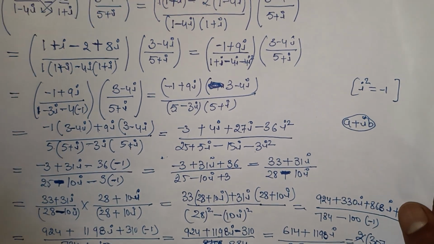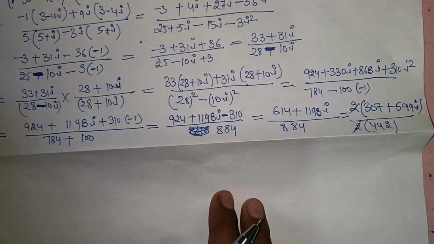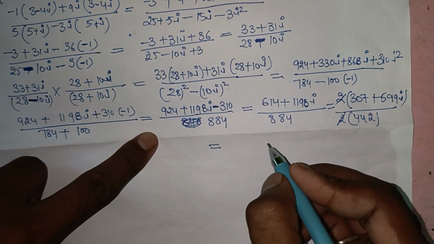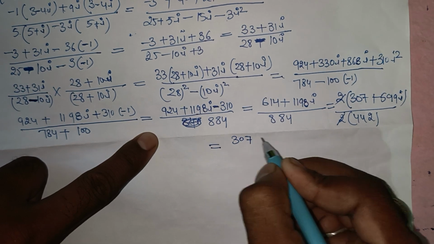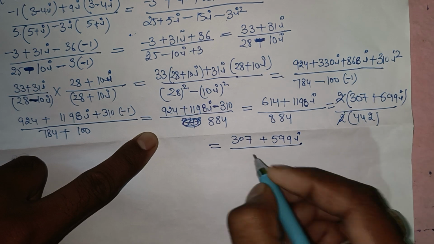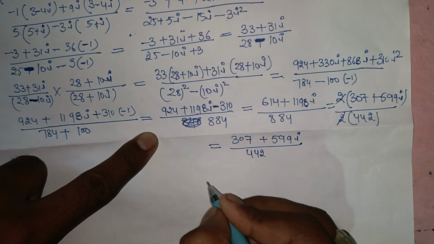The last term becomes 307 plus 599 iota upon 442.